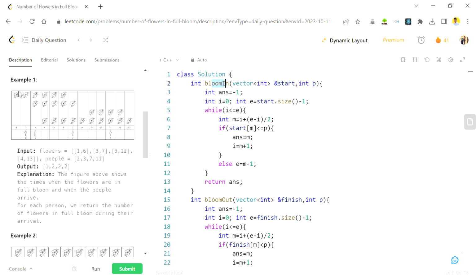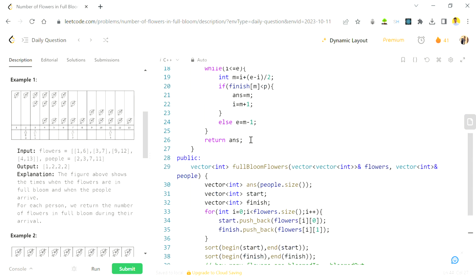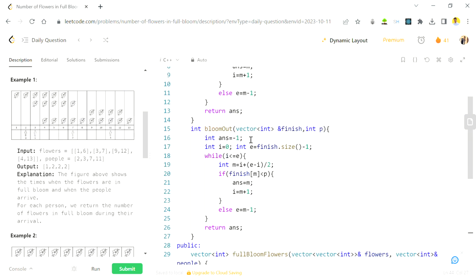If I was unable to find the bloom in for the position, I'm going to simply continue without pushing back. And this was the whole question, and it has been successfully submitted.